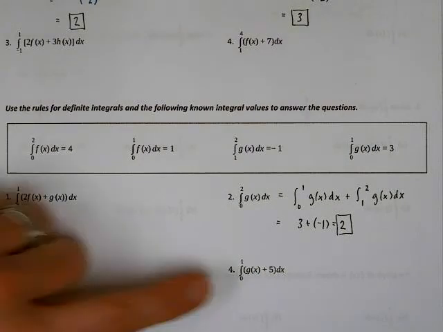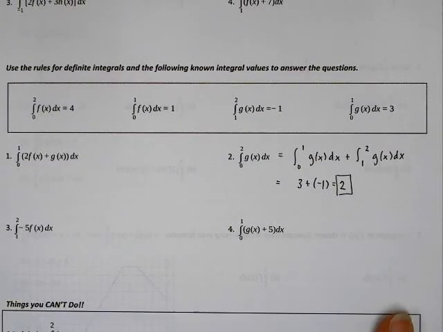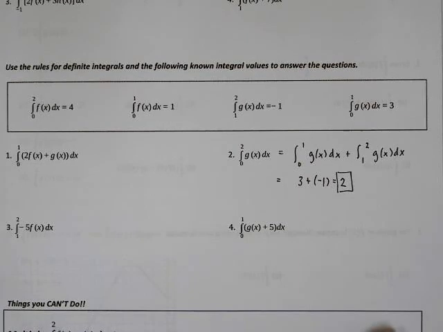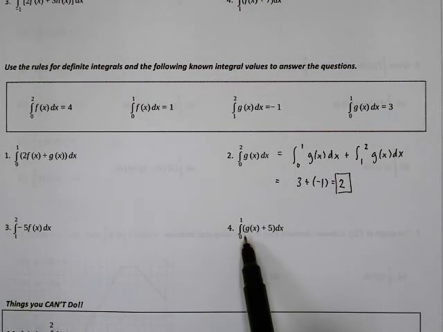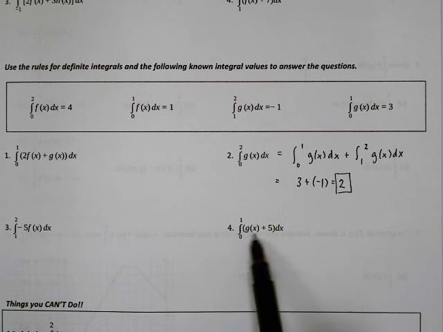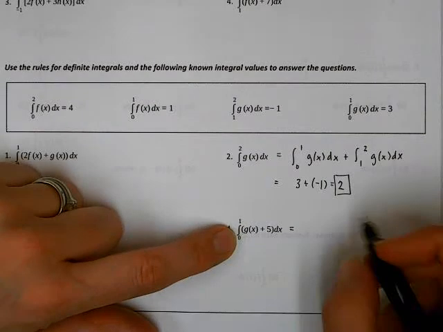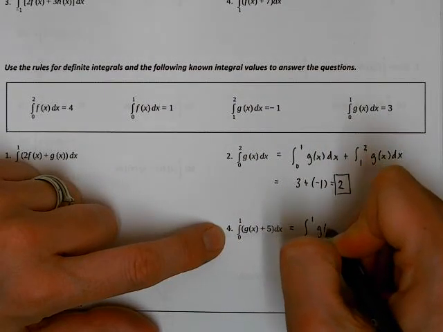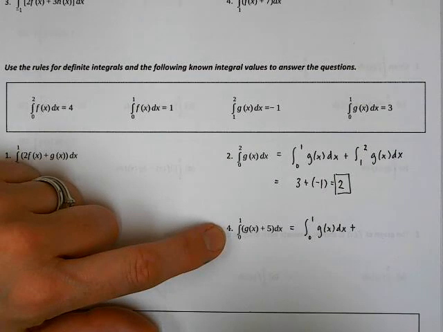All right, next we'll do 4. Now 4 is an example of the rule where we are adding a constant. This plus 5 took the area I would get when I integrate g of x and shifts it up, creating a rectangle. So this is going to be equal to the integral from 0 to 1 of g of x dx, and then shifting it up created a rectangle.